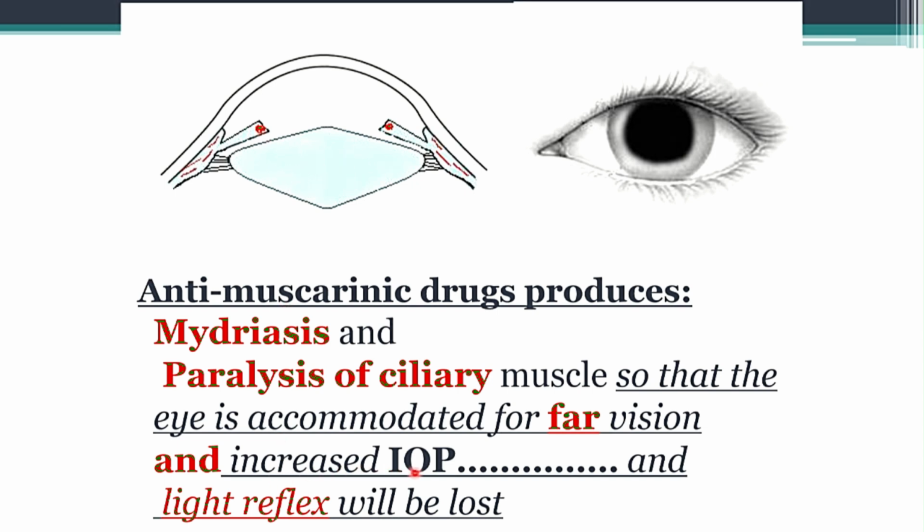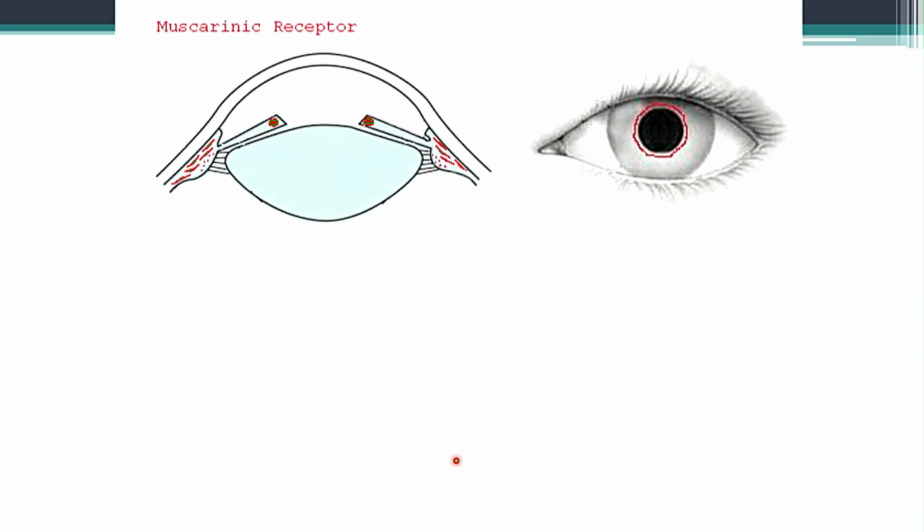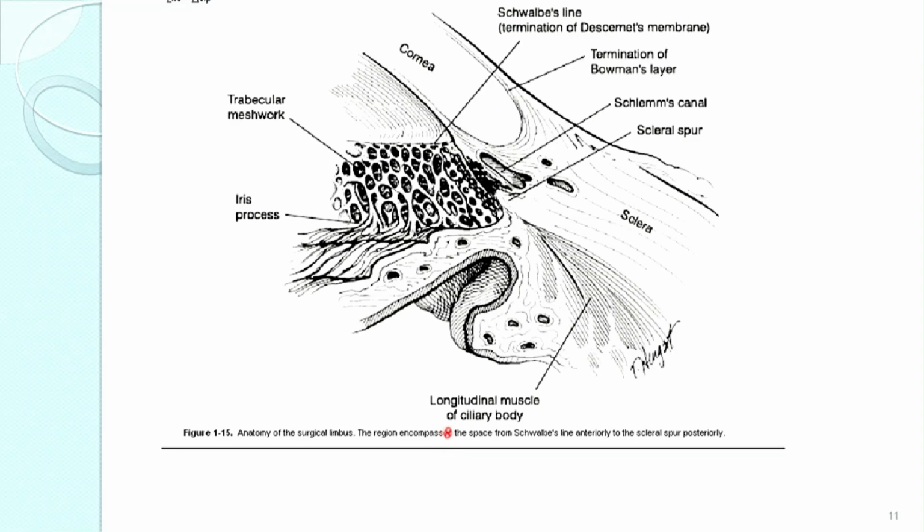There is also increased intraocular pressure, the IOP, because of the previously mentioned effects on the fenestrations of the trabecular meshwork. These fenestrations will be closed or nearly closed, so that the drainage of aqueous humor is impaired and the intraocular pressure is increased.